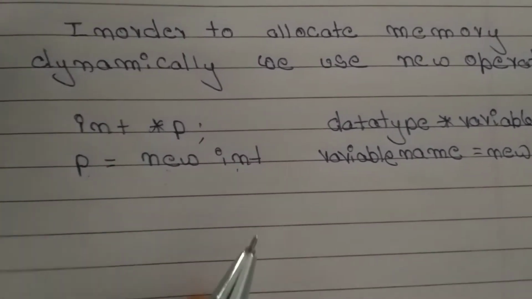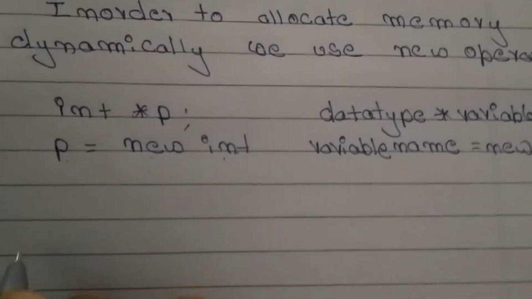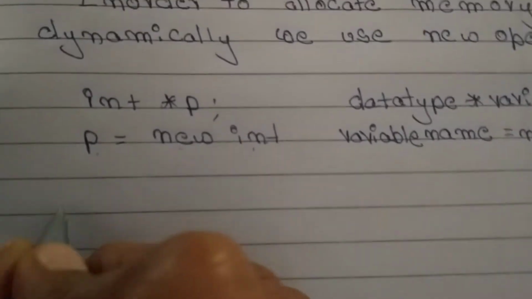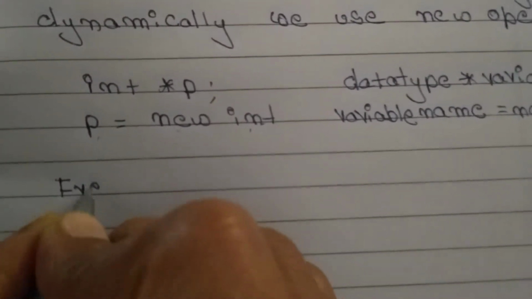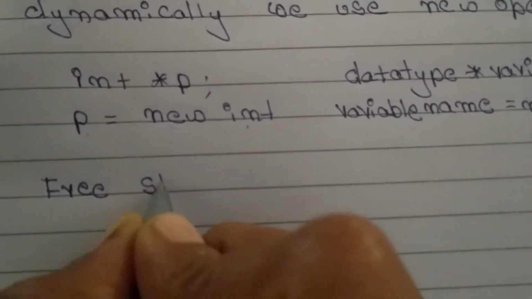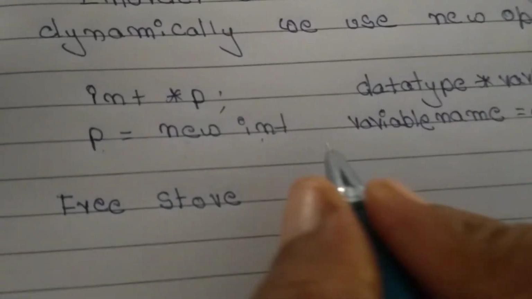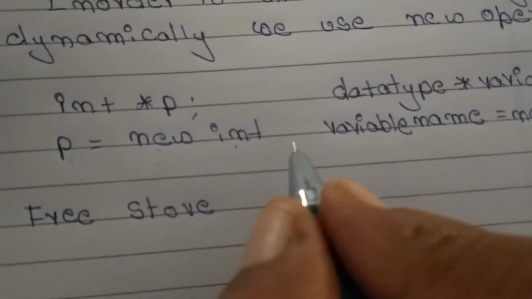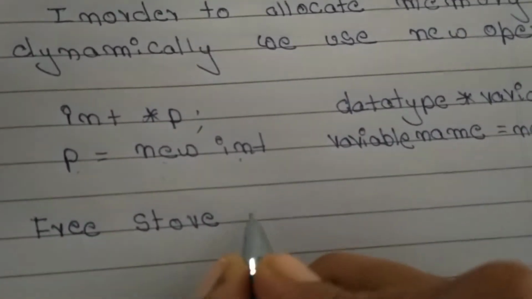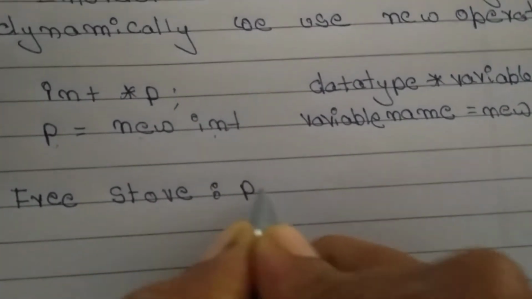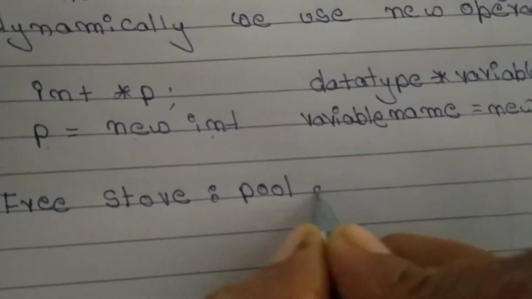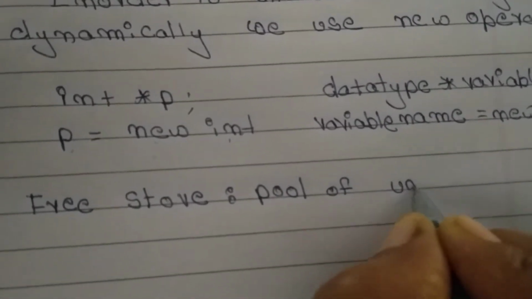Okay. So now, one more important thing called free store. Free store means pool of unallocated memory.